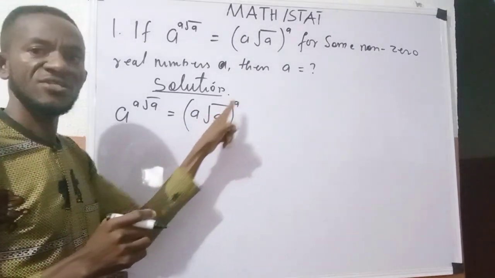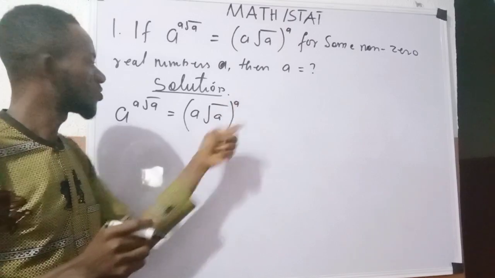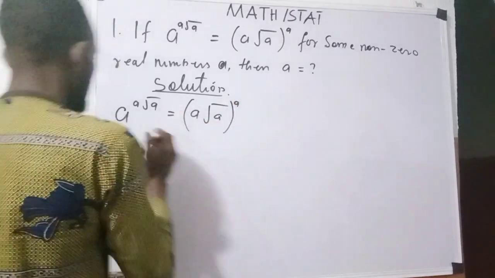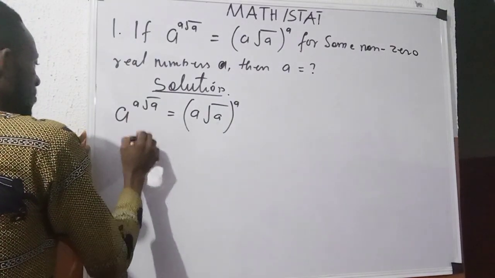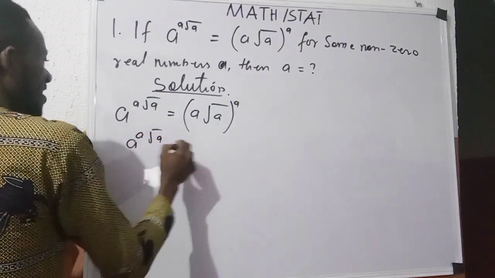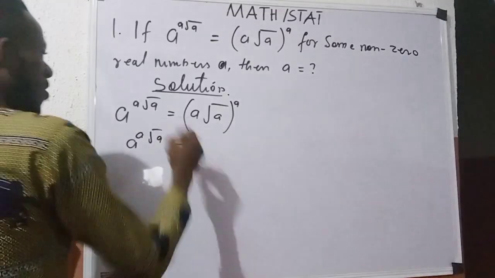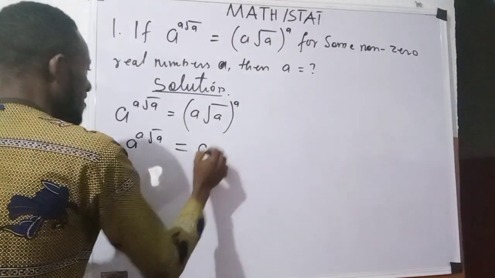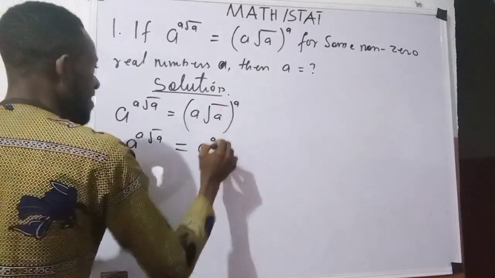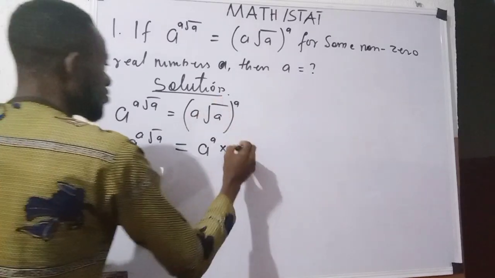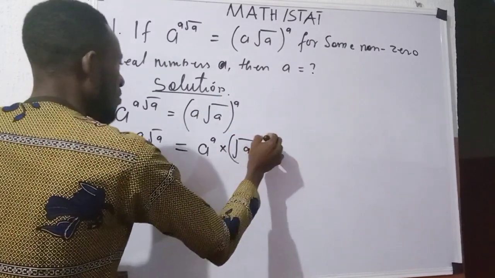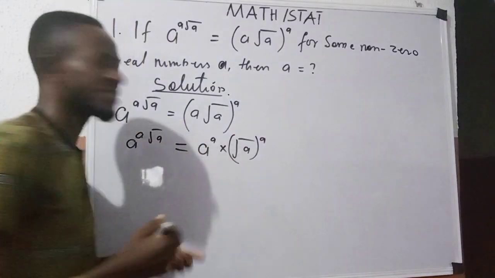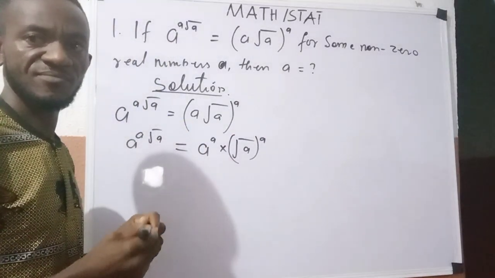So I can expand this way: I have a raised to power a root a, is given as a raised to power a multiplied by, I come to this, root a all raised to power a.